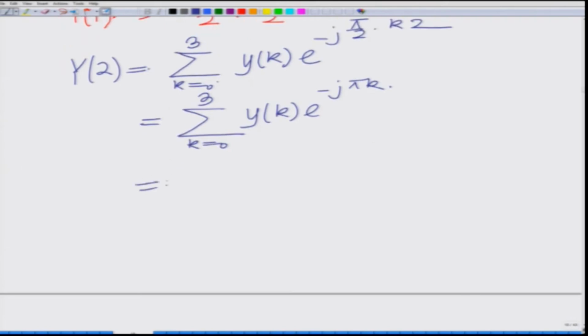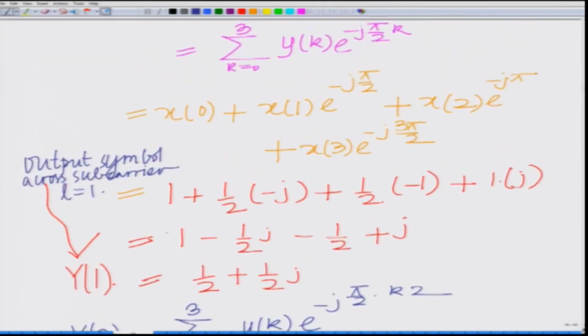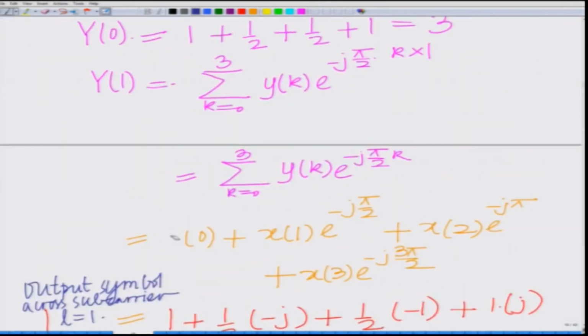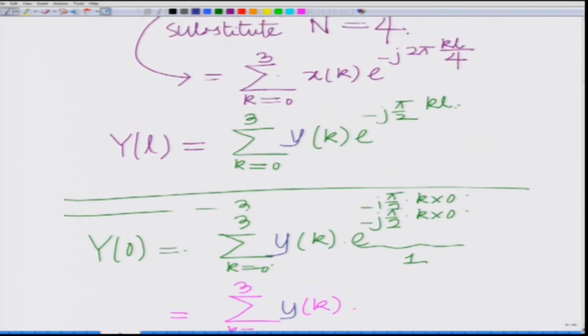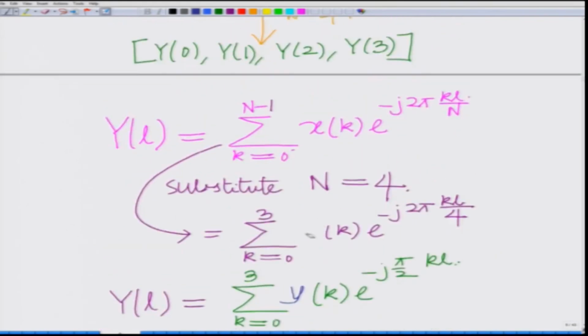I am sorry, I think I have made a small mistake here. All of these small x's should be replaced by the small y's, the corresponding samples y0, y1, y2, and y3.